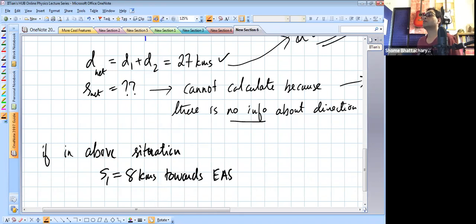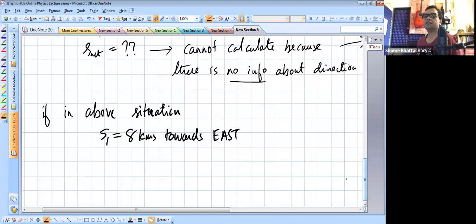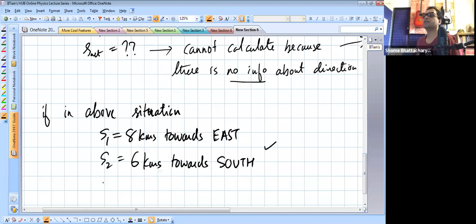And additionally, I know that S2 is equal to 6 kilometers towards south. Okay, then I know that I can calculate the net displacement because I've been given information. I'll be able to calculate this.